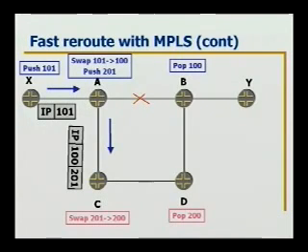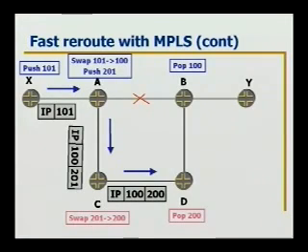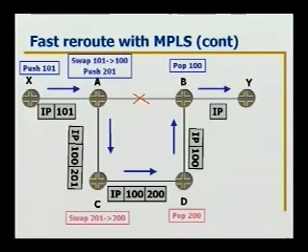The forwarding on the pink LSP, on the protection path, is going to happen based on the top label only. So the label 201 is going to be swapped to label 200. At node D, label 200 is going to be popped. And here we have the packet arriving at B with the same label as if it had arrived over the failed link. So B is going to take this traffic, pop the label, and send it to Y.